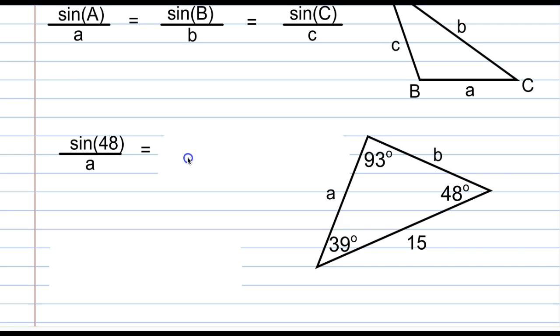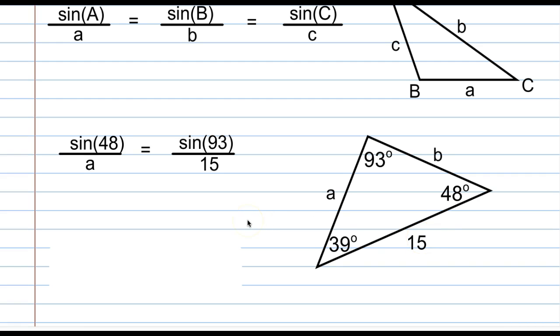Now, notice we don't want to include B on this, because if we include B, we don't know what b is. If I say the sine of 39 over little b, that doesn't really help me out much, because I end up with an equation with two unknown variables in it. So I'm going to take the side and the angle that I do know, the sine of 93, and put that over 15.